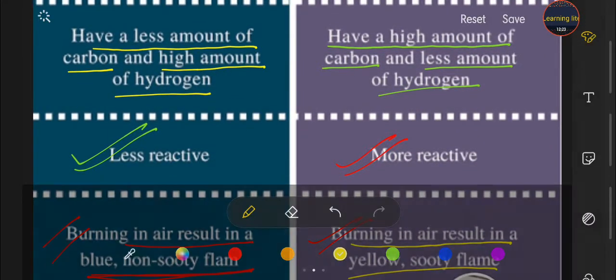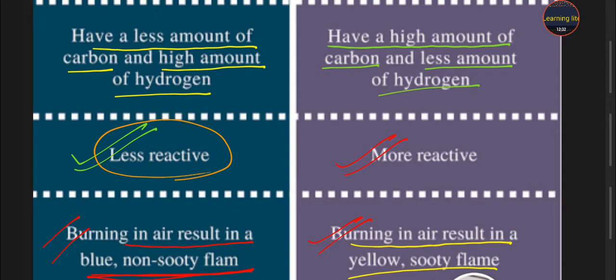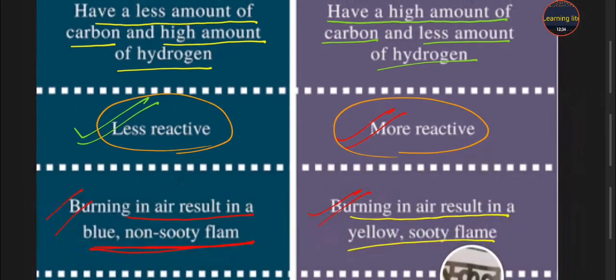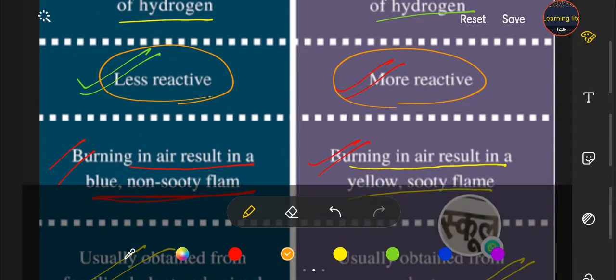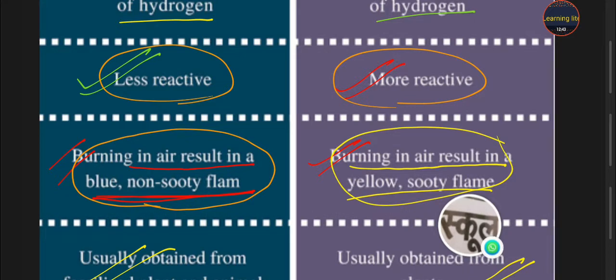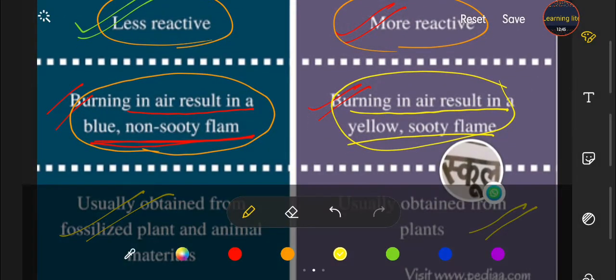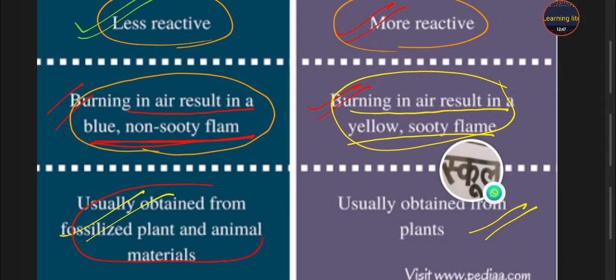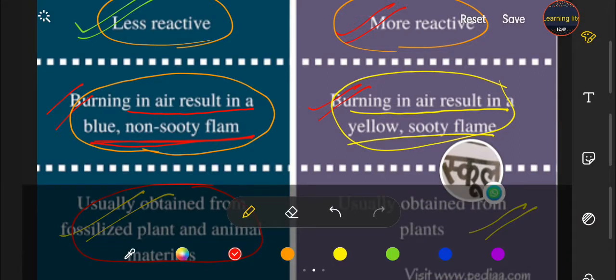And unsaturated, student, have a high amount of carbon and less hydrogen. Saturated are less reactive, student, and unsaturated are more reactive. Saturated burn with a non-sooty flame and unsaturated burn with a yellow sooty flame. Saturated are obtained from fossilized plant and animal material both, and unsaturated are obtained from plants only. I think this difference is clear to you.